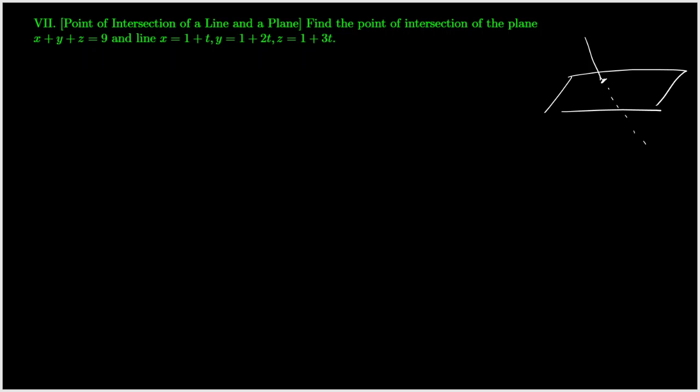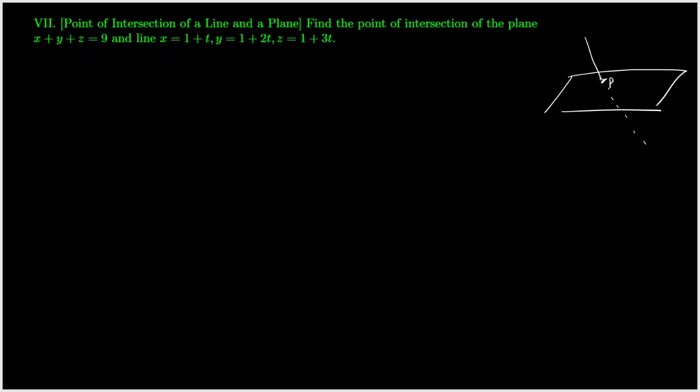So does it make sense? If the line is not parallel to the plane, they have a point of intersection. The line intersects the plane at only one point, right? That is a point of intersection. Now can I call this point P? Now I'm looking for the coordinates of this point.